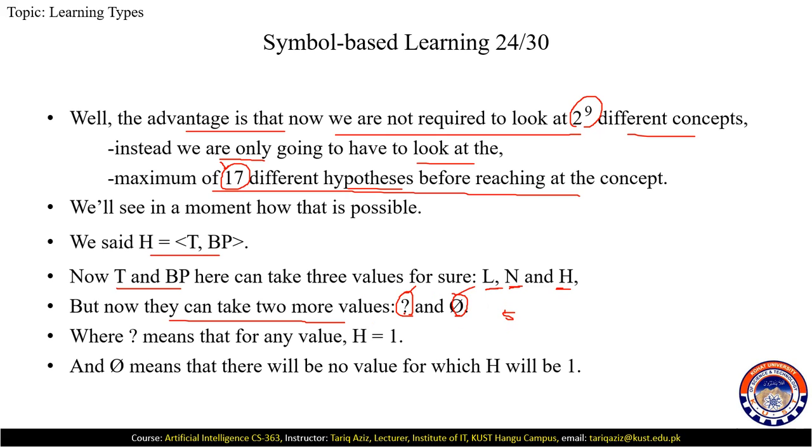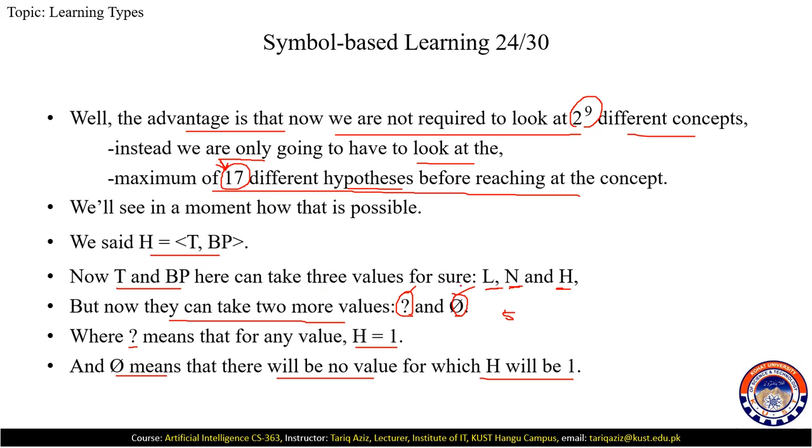Now what is the meaning of the question mark? The question mark means that for any value h is equal to 1, while theta means that there will be no value for which h will be 1. Okay. Now what we are trying to learn is how our concept space is reduced to 17.